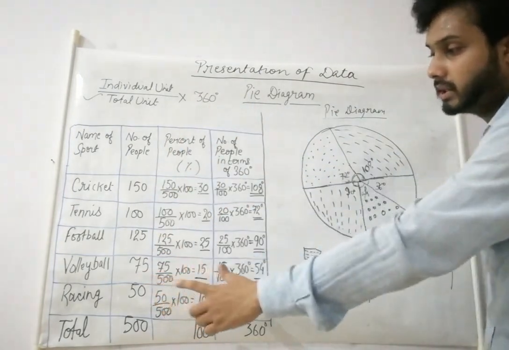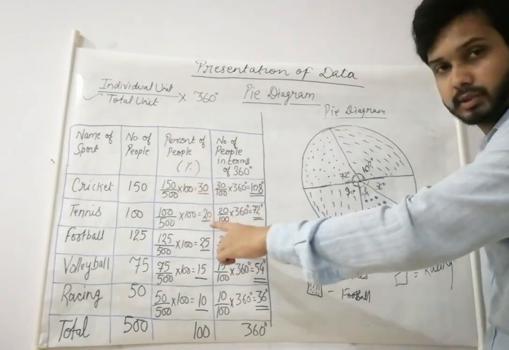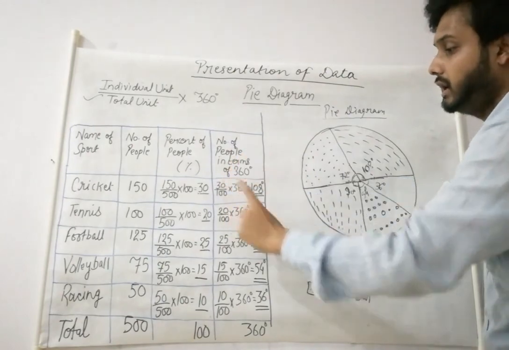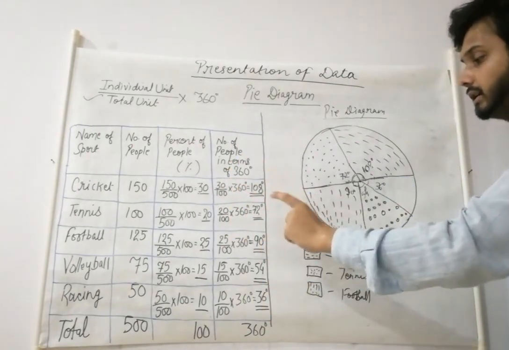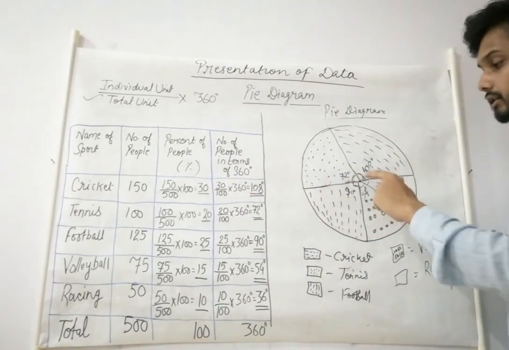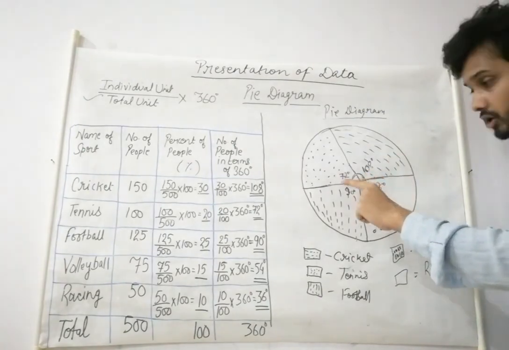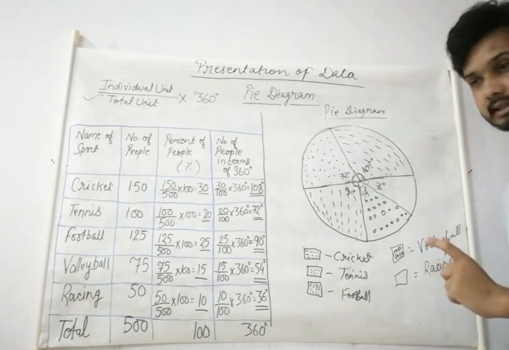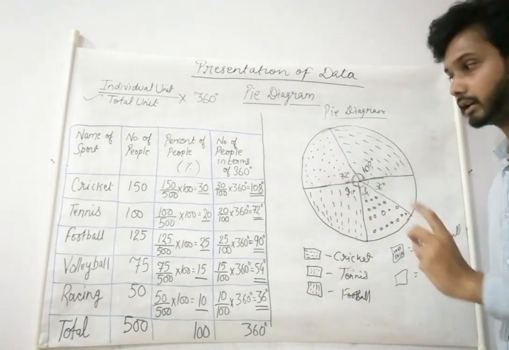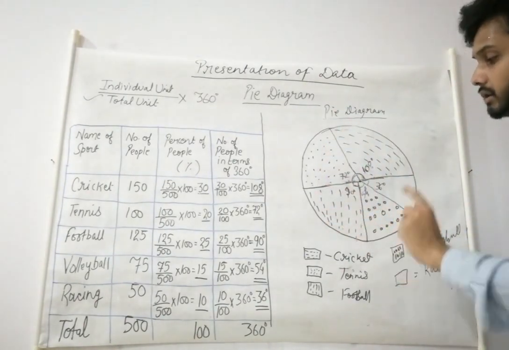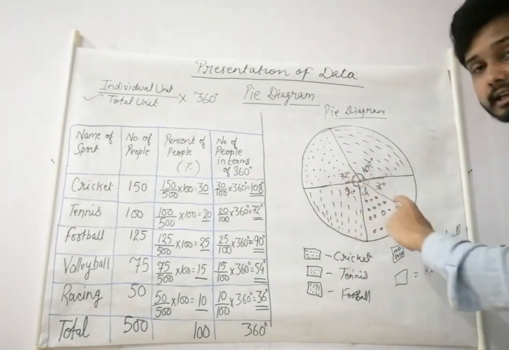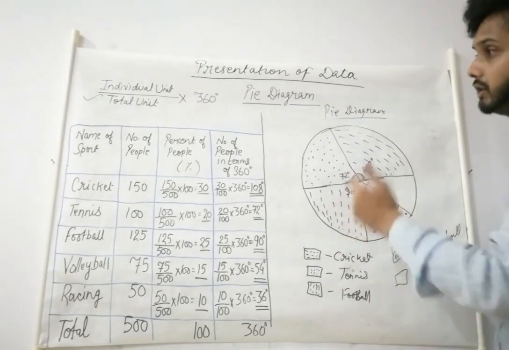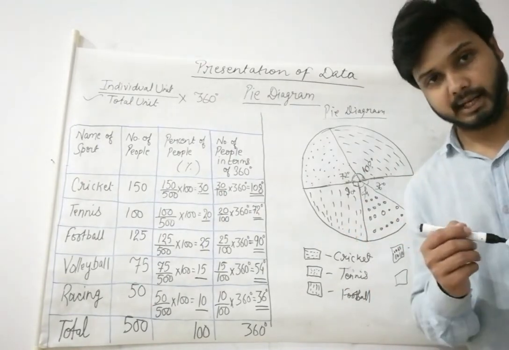Take the given information, convert it into percentage, use the formula to convert it into degrees, and then whatever you get in degrees, with the help of the protractor, make the midpoint, draw a straight line in any direction, take that line as baseline, measure with the protractor and start making. At last differentiate all the parts, and make the index, and your pie diagram will be made.